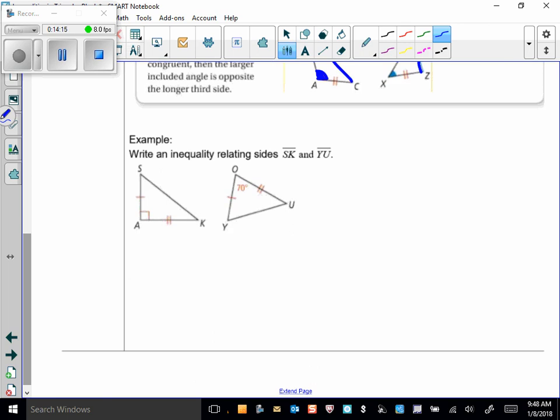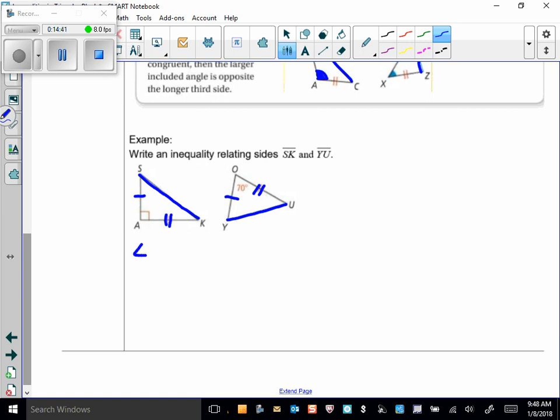Okay, write an inequality relating sides SK and YU. So here's SK, and here's YU. Before I can do that, I have to make sure that I have the requirements of the Hinge theorem or its converse fulfilled, which means I have to have two congruent sides. So that one and that one, I've got it. Okay, so I have to look at the included angles.